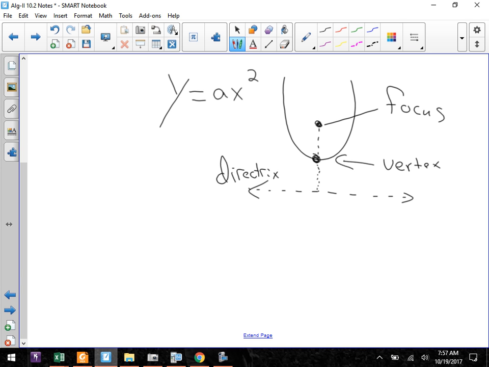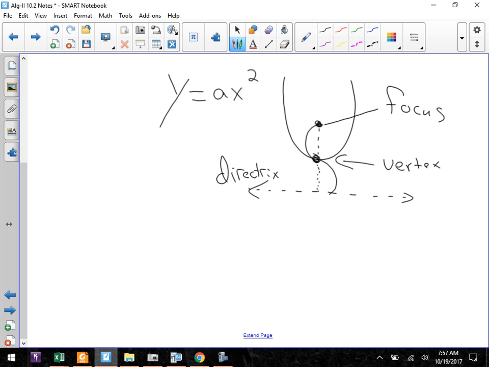So here's what's going to happen. When we start talking about parabolas in terms of conic sections, we're always going to have a vertex, a focus, and a directrix. Now, depending upon how the parabola opens, will tell us specific values. The distance between the focus and the vertex is always going to be the same as the vertex to the directrix.